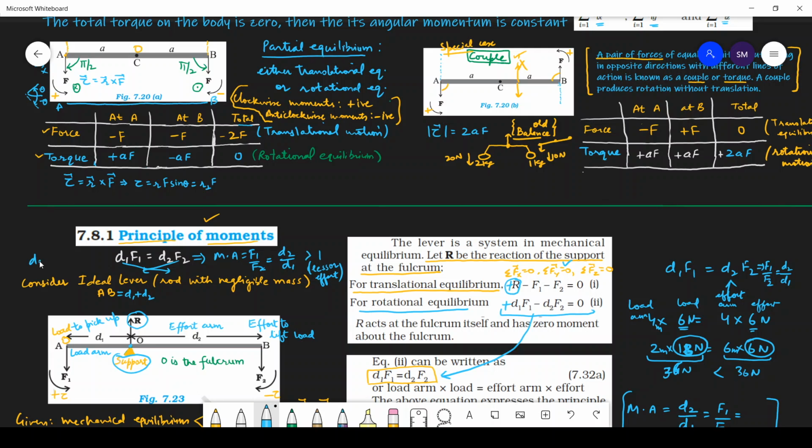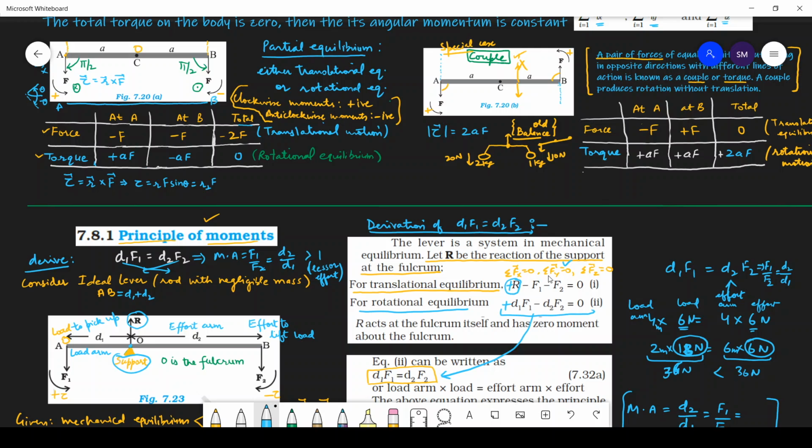This is the derivation of the principle of moment, the formula D1 F1 is equal to D2 F2.